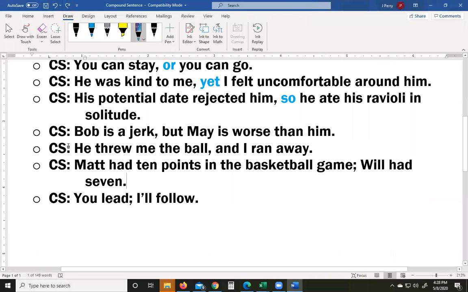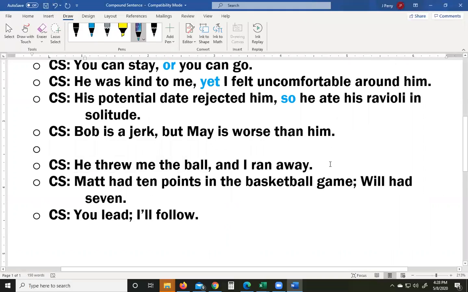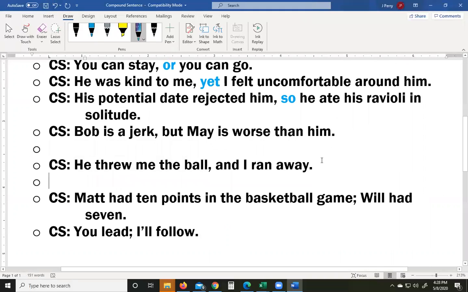Okay, so he threw me the ball. Oh, this one I need to give you some space here so I can show you how this one is. This is simple sentence number 4. So what we've got here is we've got our subject, our verb. He threw what? He threw the ball.